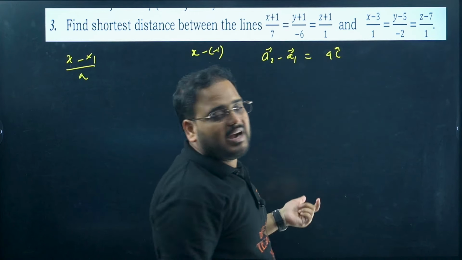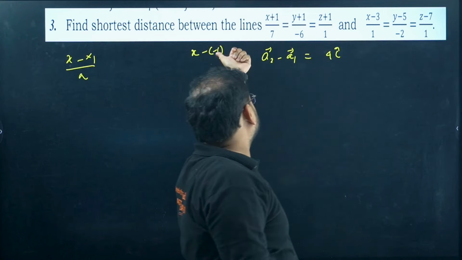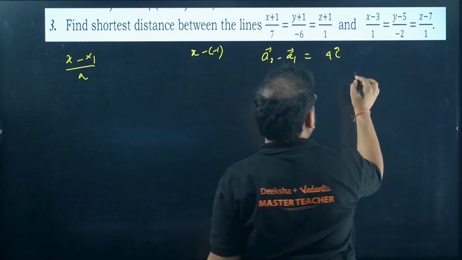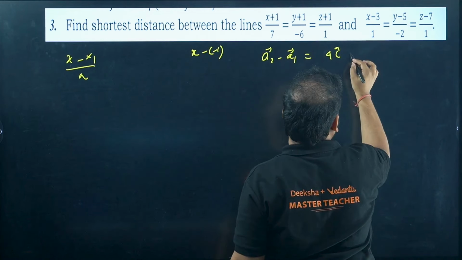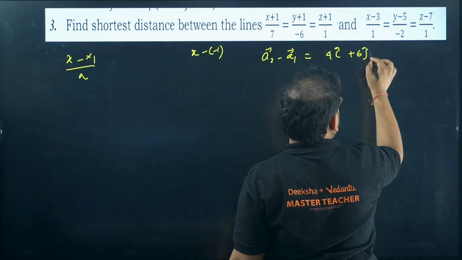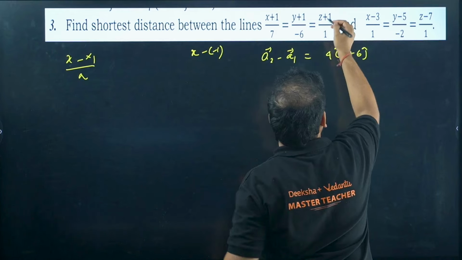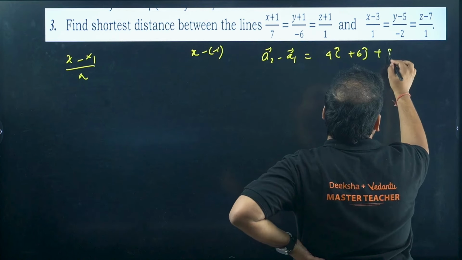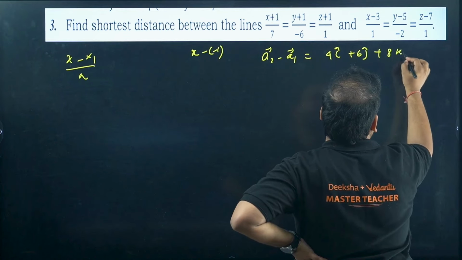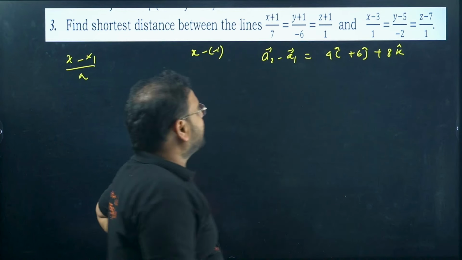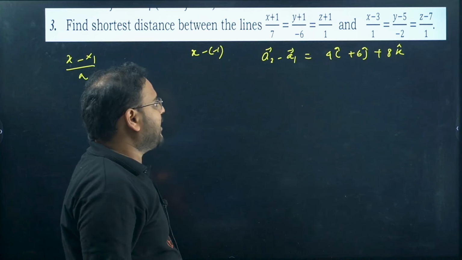So when you take the difference, 3 minus of minus 1 becomes 4. Same way, 5 minus of minus 1 becomes 6j cap, and 7 minus of minus 1 becomes 8k cap. This is my a2 minus a1.